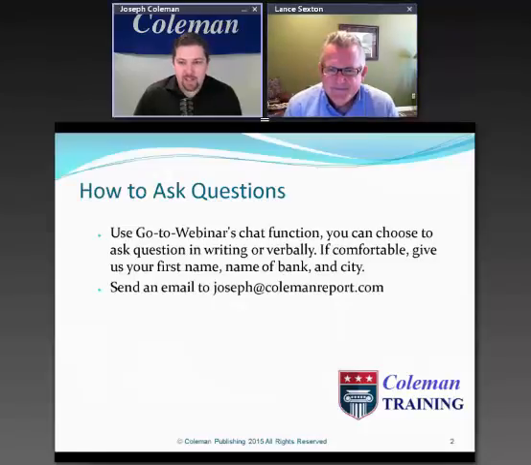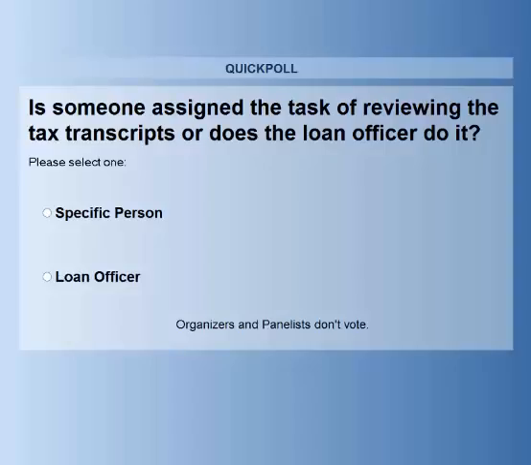Let's see, number 4. Is someone assigned to the task of reviewing the tax transcripts, or does the loan officer do it? Very important. I think so many participant banks send the 4506-T off, they get the transcripts back, and they just stick them in the file. And that's fine as long as the loan never defaults and you don't have to submit it for guaranteed purchase.